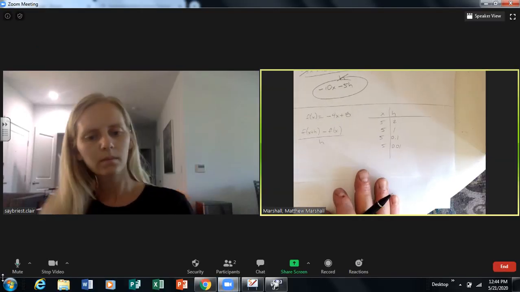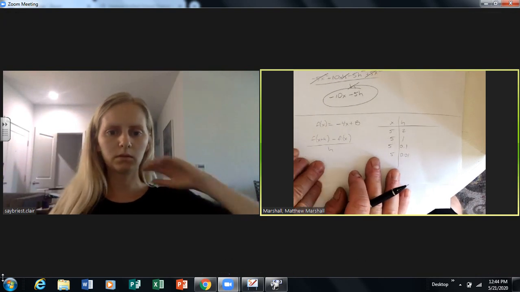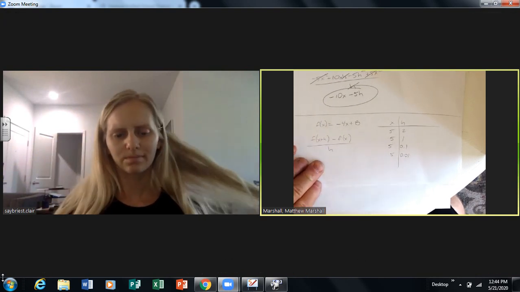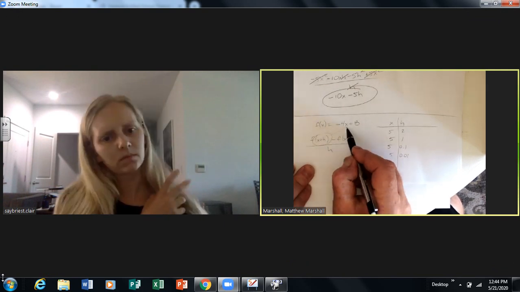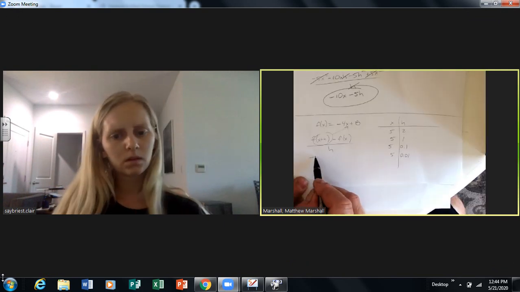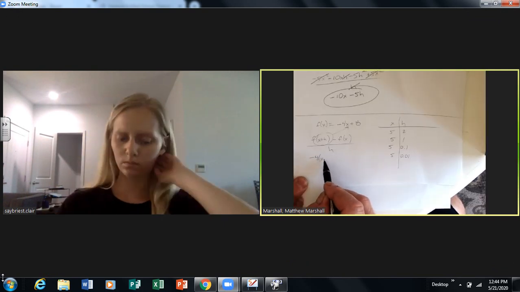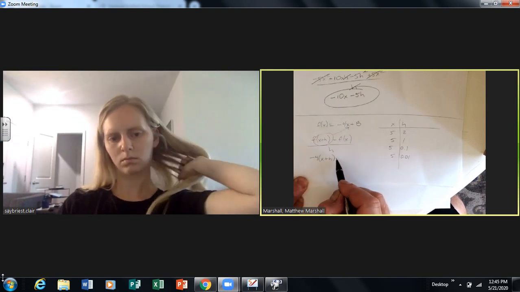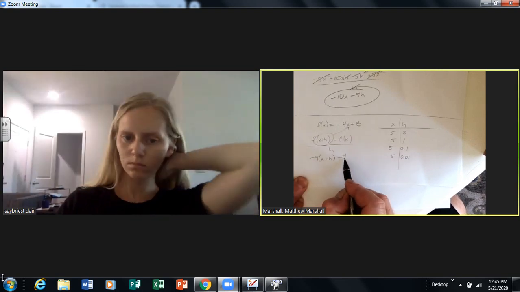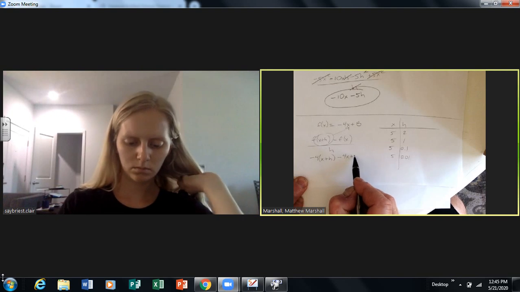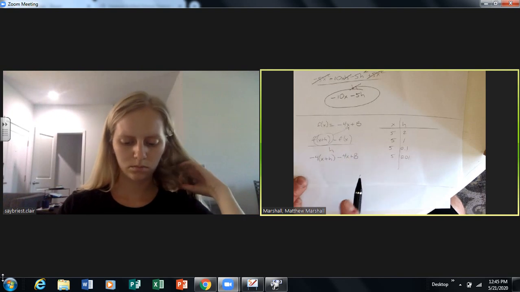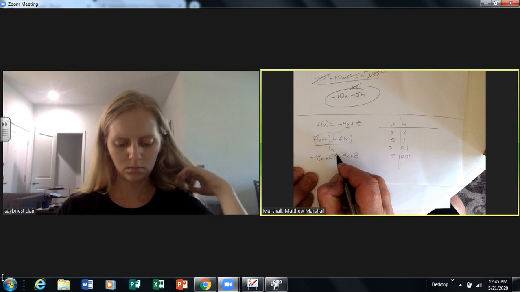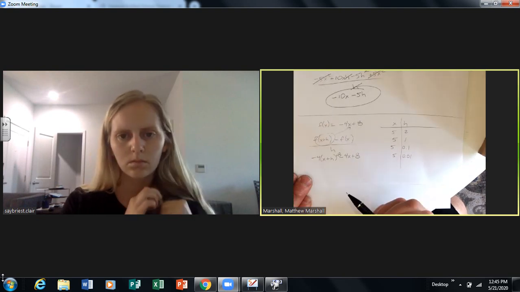This one a little more difficult, but I think I'm taking this piece, plugging that in here, so I'm looking at negative 4 times x plus h. This is still minus 4x plus 8. Whoops. I forgot my plus 8 right here. All over h.